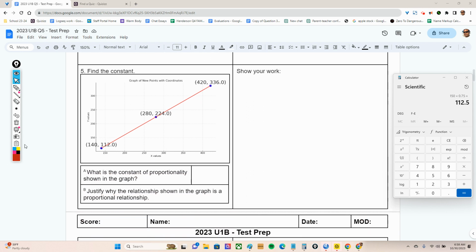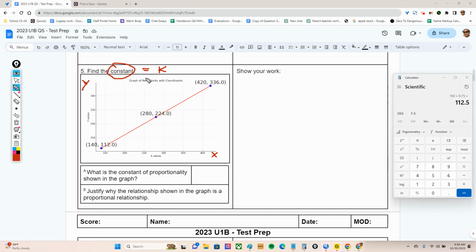All right. So it says find the constant. What is the constant of proportionality? Again, this is the x-axis. This is the y-axis. That's a y. The constant equals k.